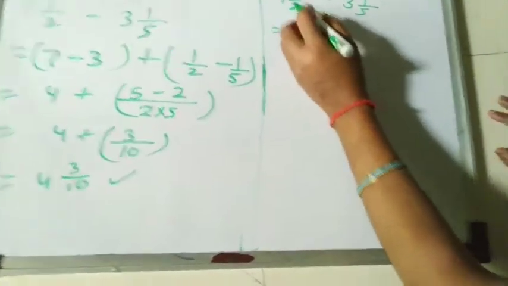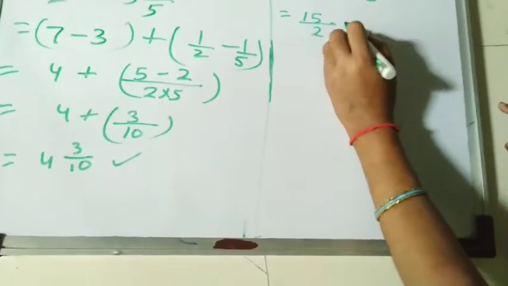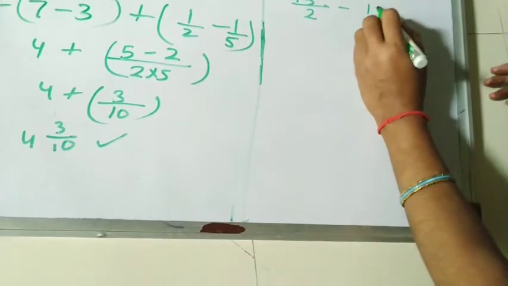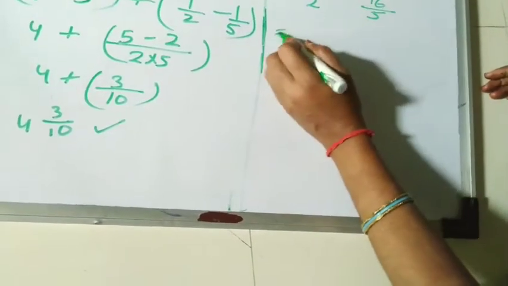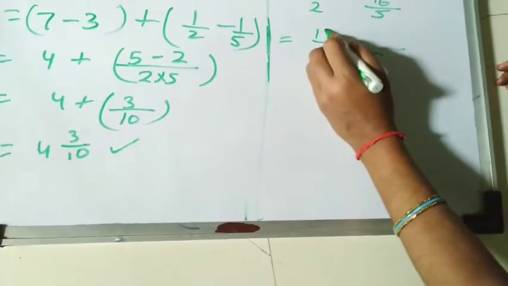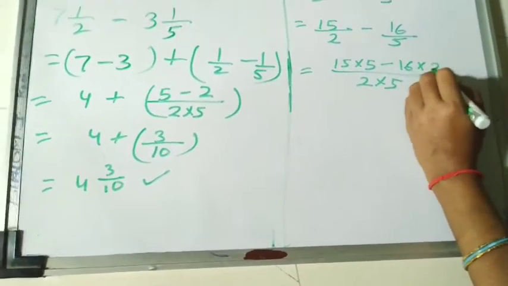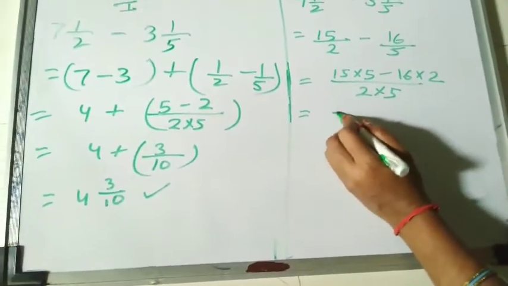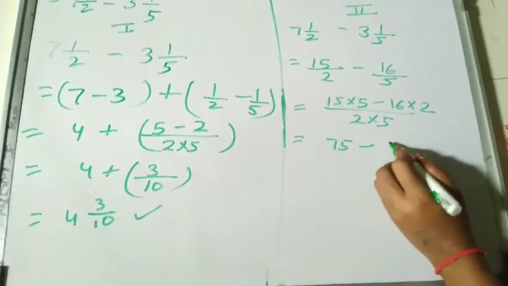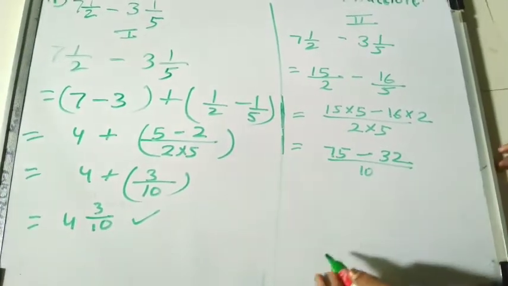Change the mixed fractions into improper fractions. 7 times 2 is 14, plus 1, 15 by 2, minus 5 times 3 is 15, plus 1, 16 by 5. Take LCM 2 into 5. Here 15 into 5 minus 16 into 2. 15 times 5 is 75, 16 times 2 is 32, by 10.